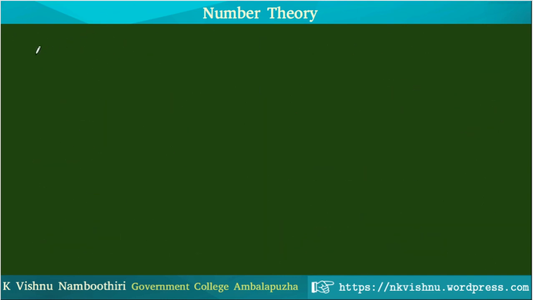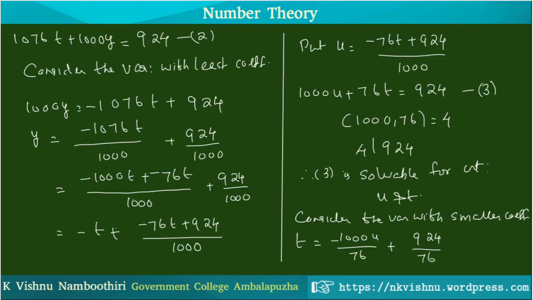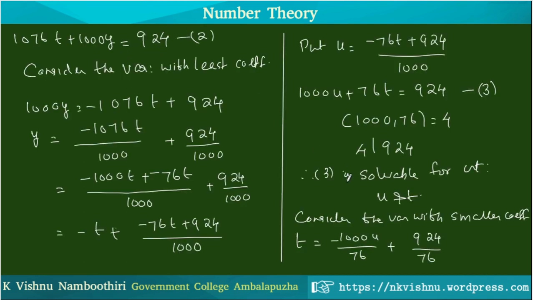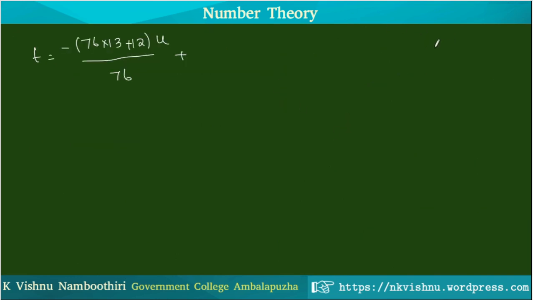So t equals minus, 1000 is 76 into 13 plus 12, minus sign. What is the variable? It's u by 76 plus 924. It's going to be 12 times. So 924 is equal to 76 into 12 plus another 12.